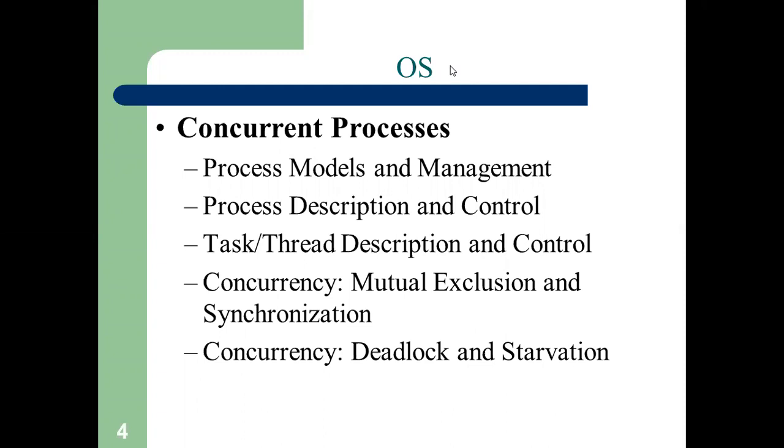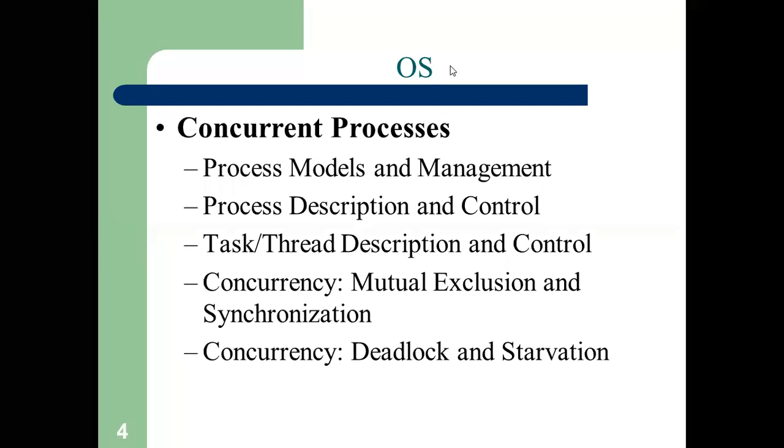Okay, the concurrency means deadlock and starvation. Whenever you run a number of programs, in the case of a multi-programming or multitasking system, I am not talking about the multi-processor system, but here I am discussing multi-programming and multitasking.